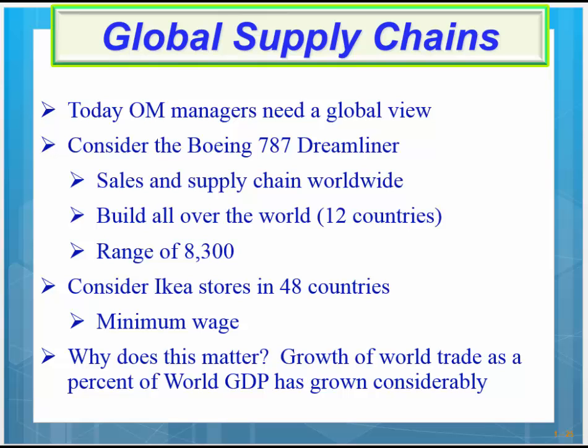The range was 8,300 miles of the world that the parts for the Dreamliner were actually made in. So, of course, this supply chain is really important. That just brings to light the global nature of the world we live in.